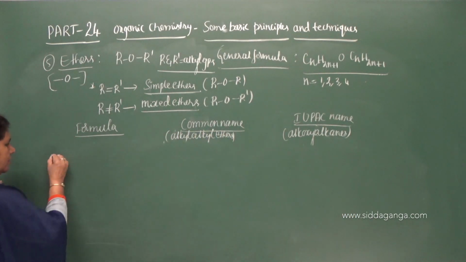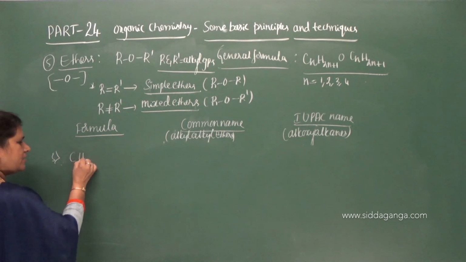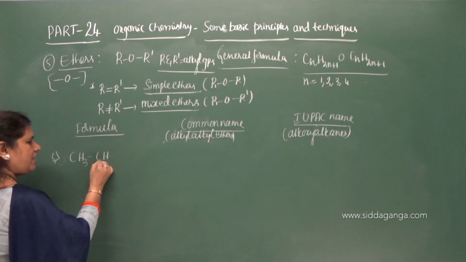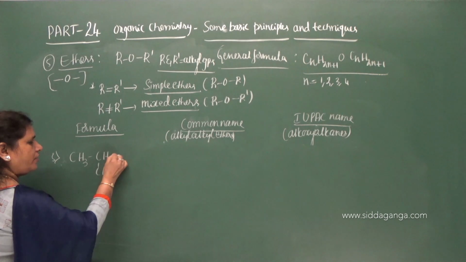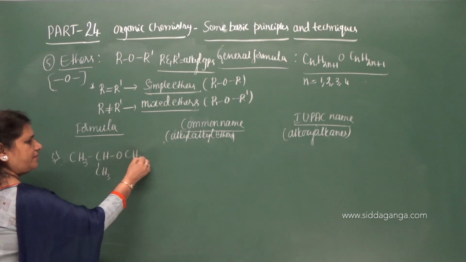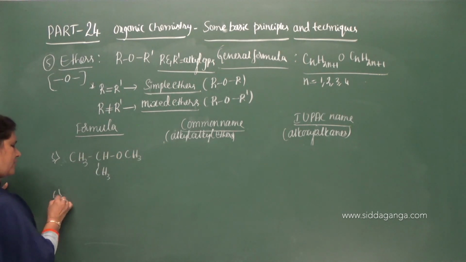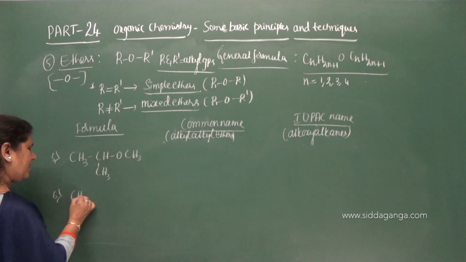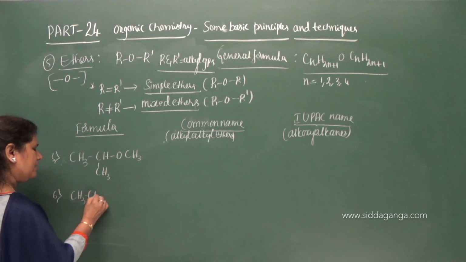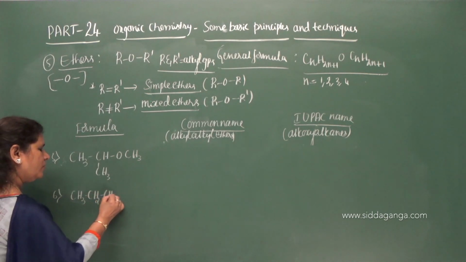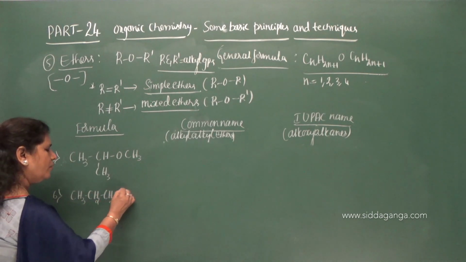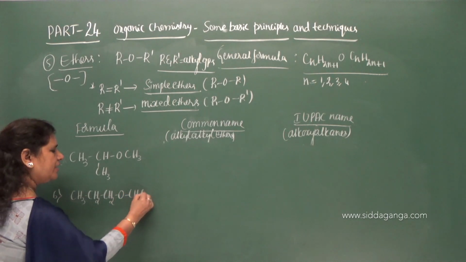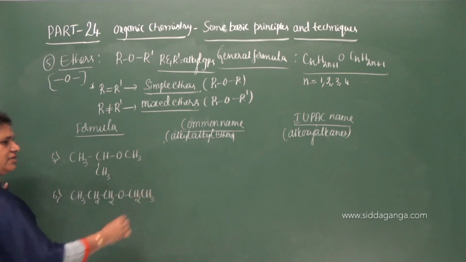So the 5th one, CH3, CH3, OCH3, and the 6th one, CH3, CH2, CH2, O, CH2, CH3. Okay.